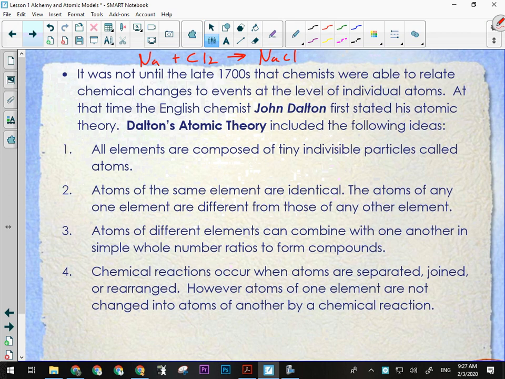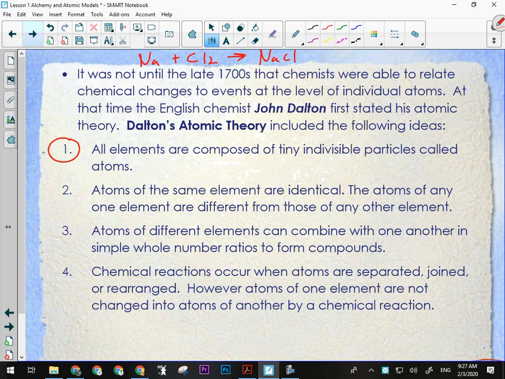John Dalton was the first person to come up with and kind of resurrect this idea of the atom. We call it the atomic theory now, and it had 4 points. The first point he owes to Democritus. The first point of the atomic theory is that all matter is composed of tiny, indivisible particles called atoms.